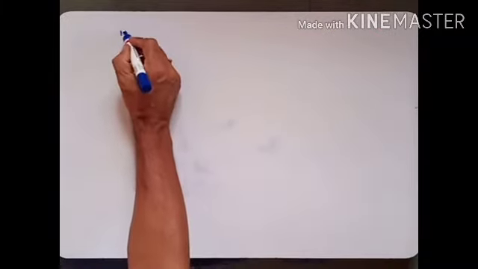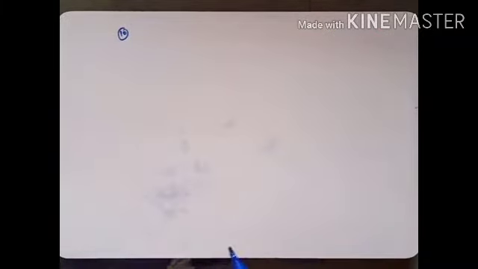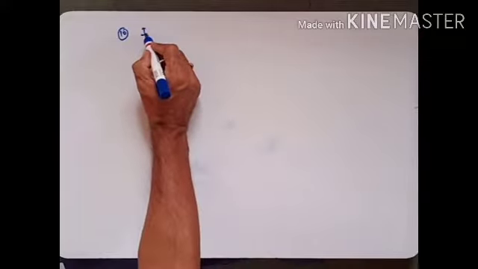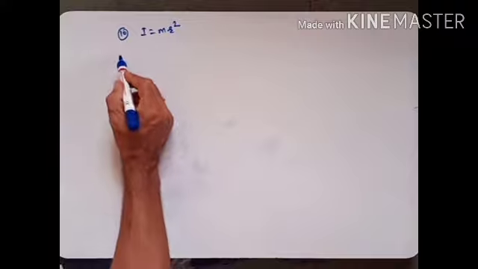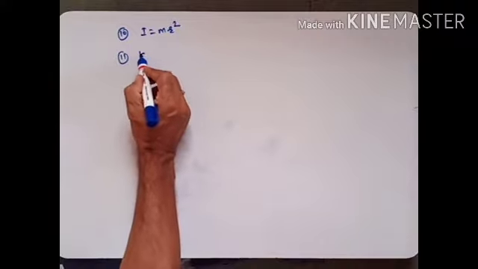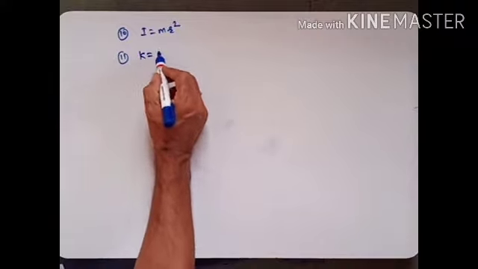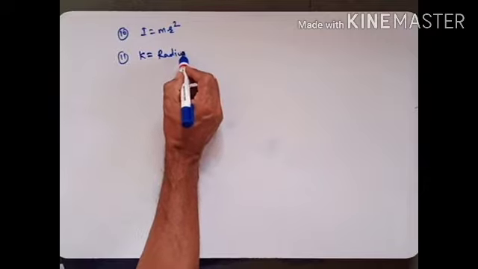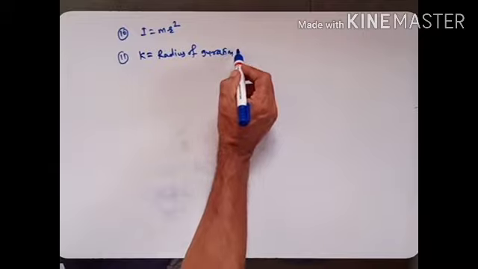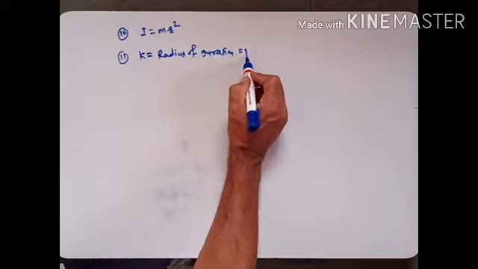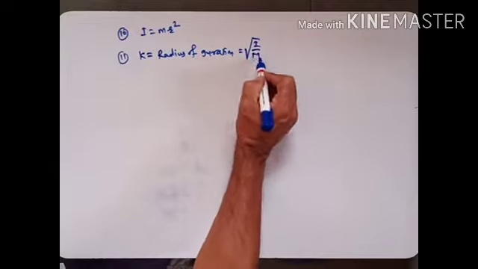Now next, 10th. I equal to mr square. This is the moment of inertia. Radius of gyration k, suppose k is the radius of gyration, is equal to root I upon m.